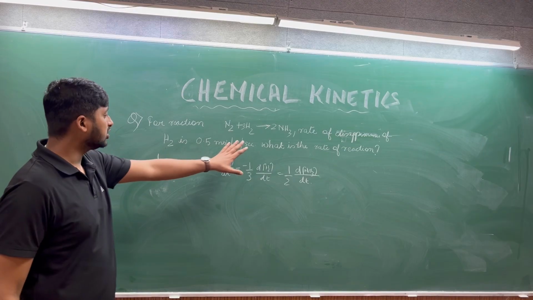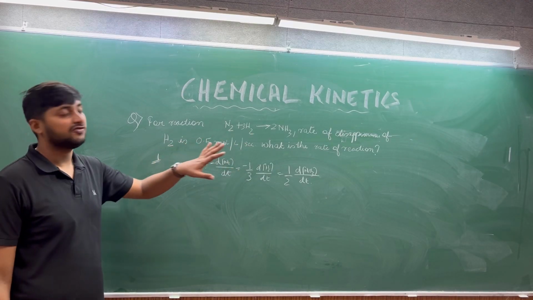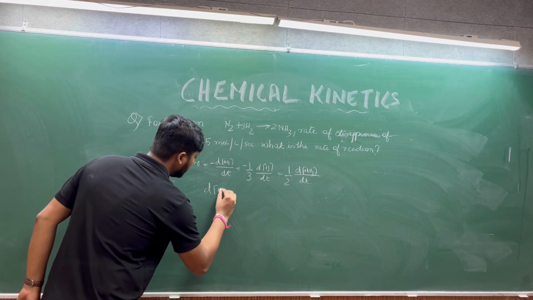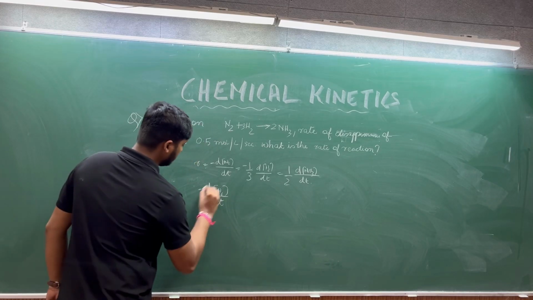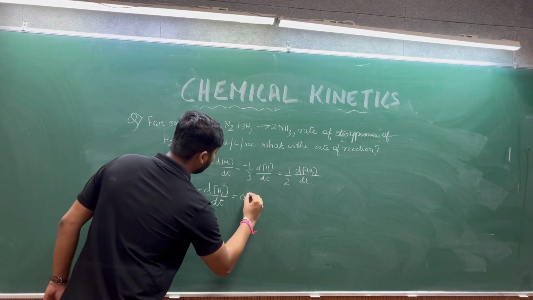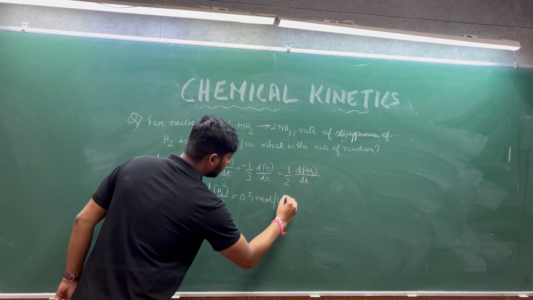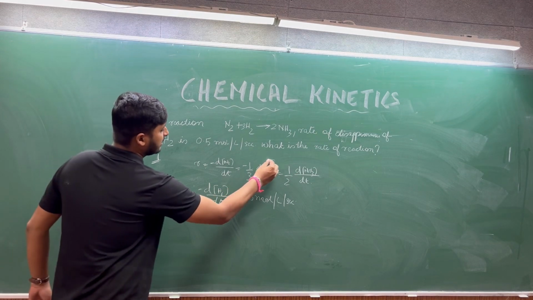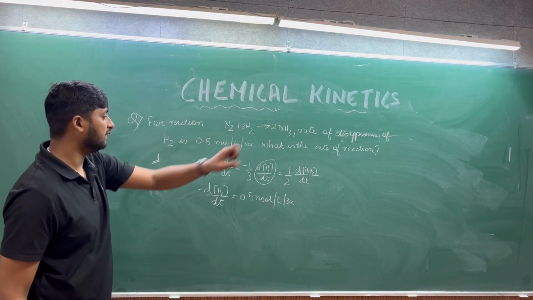Now in the question it is given that rate of disappearance of H2 is 0.5 mole per liter per second. That means minus d of H2 by dt is given as 0.5 mole per liter per second. Basically this we have been given and we are asked to find the rate of the reaction.